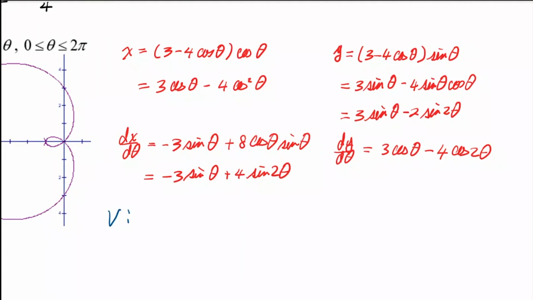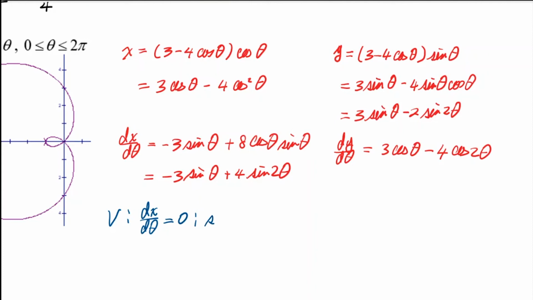So vertical means your denominator has to be 0, so we set this thing to 0. Good. This one actually works out, well, not so nicely. I'm going to use that one and factor.